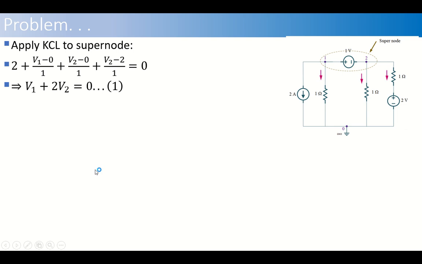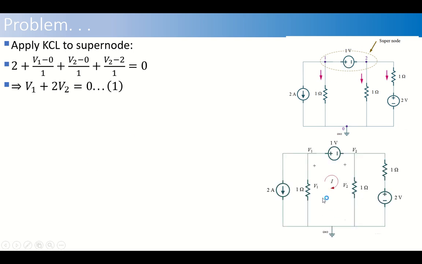So now we cannot use KCL further at any branch or node. So in this case we can use Kirchhoff's voltage law at the loop that contains the voltage source that we included in the super node. So now we can apply KVL in this loop.